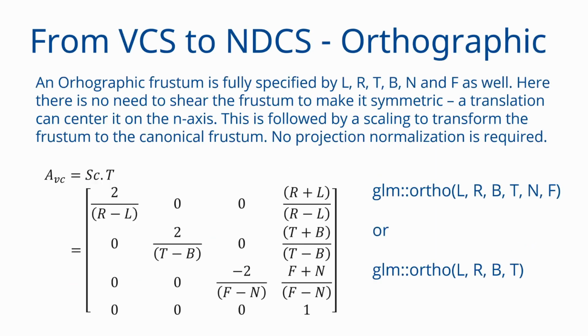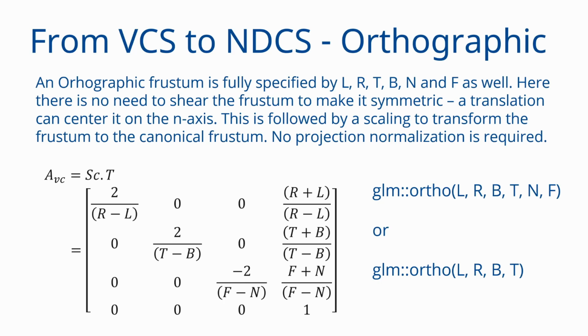There is just one more thing that we must know. Instead of starting with a perspective view frustum, you could have started with an orthographic view frustum, because you wanted to view an orthographic projection instead of a perspective projection.